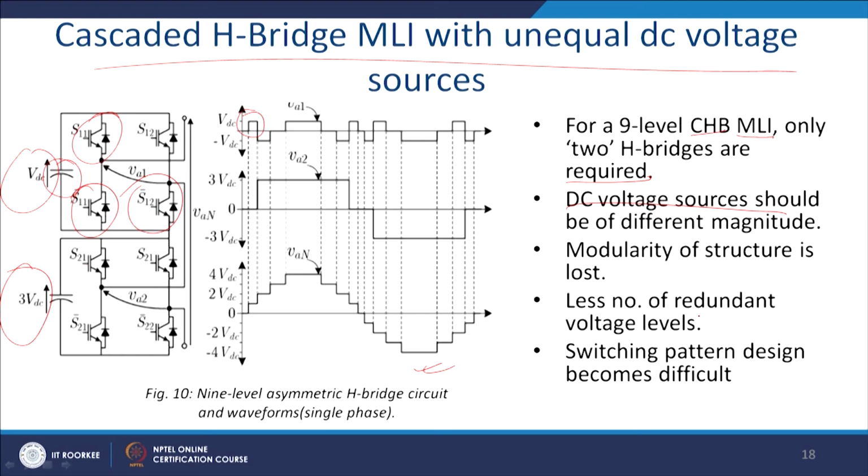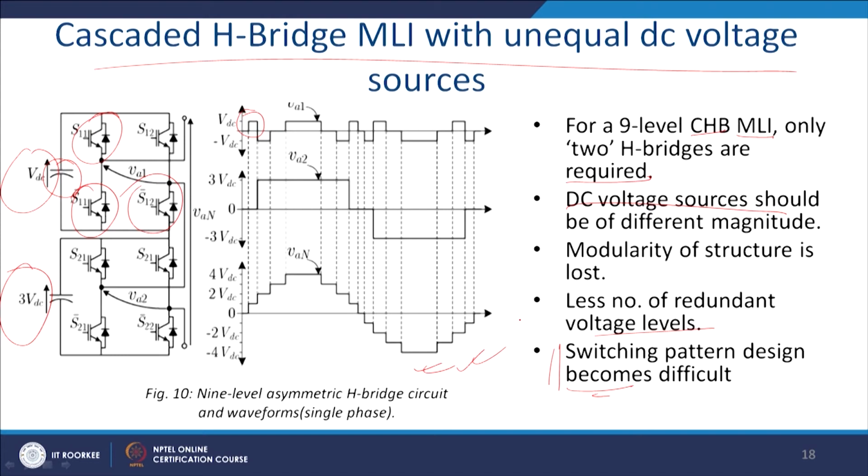Loss in redundant voltage levels, and the switching pattern is quite complicated, but with the help of modern control circuits like FPGA based systems, implementing the algorithm is quite easy. So, that is easily possible. That is one of the areas of research.